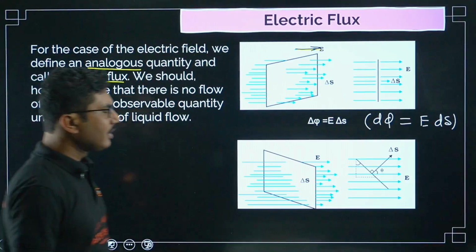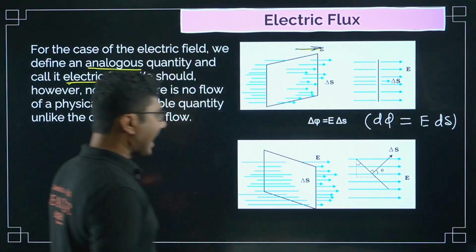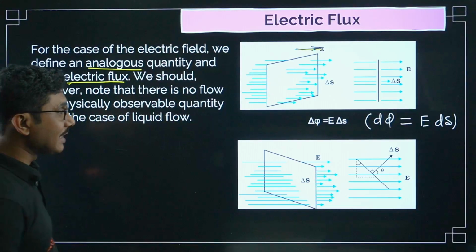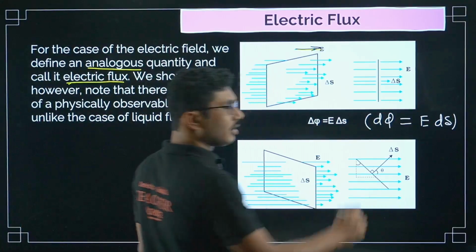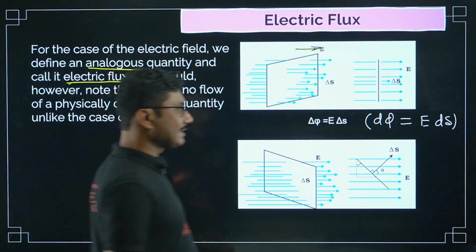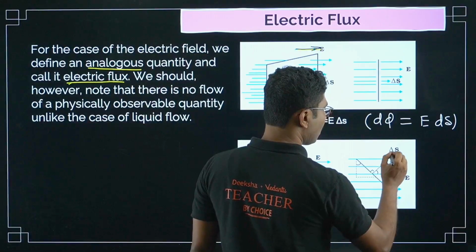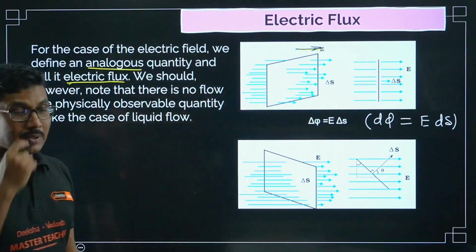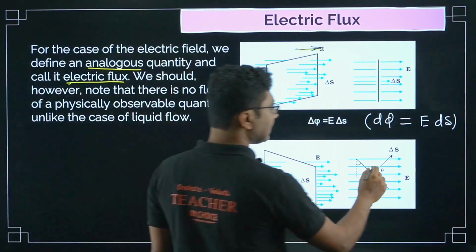Here we have the angle. As usual, in the second case we saw that the angle was not normal, right? In that case you can see that surface area is not normal but pointing towards some other direction, and the angle is given by theta.